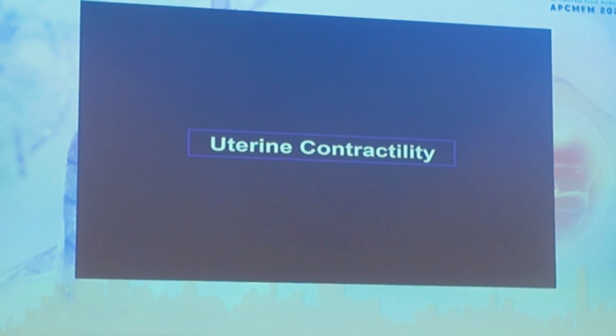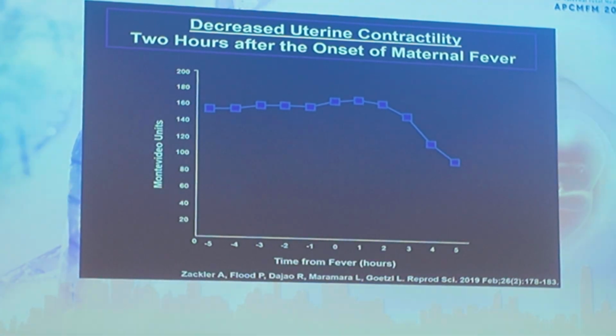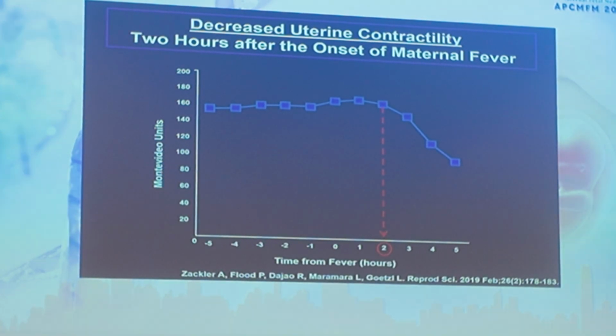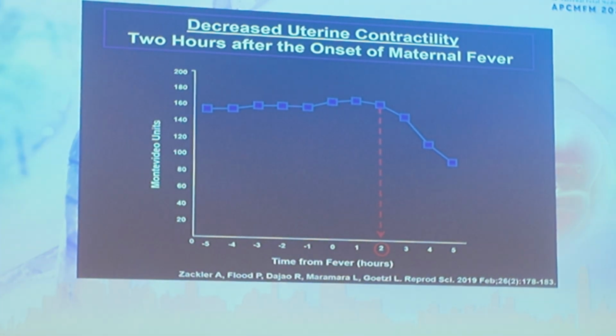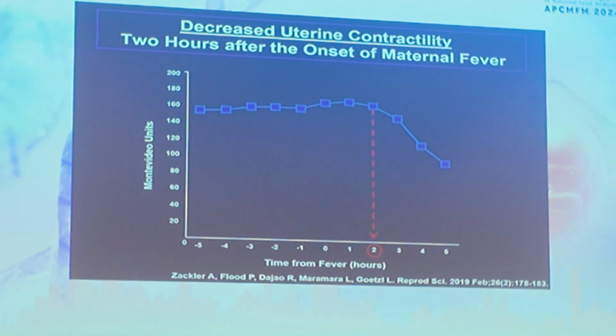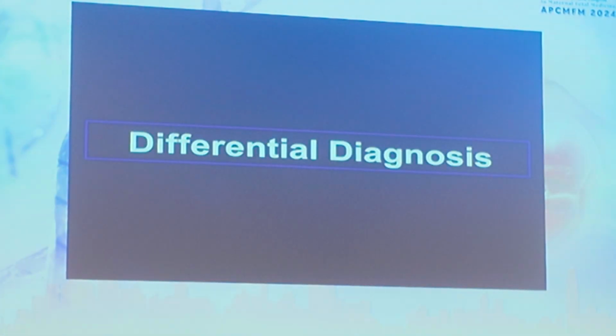Because a group of investigators in the United States put in an intrauterine catheter, and here is a decrease in uterine contractility 2 hours after the onset of maternal fever. This is important because it explains 2 complications of clinical chorioamnionitis. The first one is that there is more frequent failure to progress in labor, and the second is that patients who have clinical chorioamnionitis have an increased risk of uterine atony after the delivery of the baby.